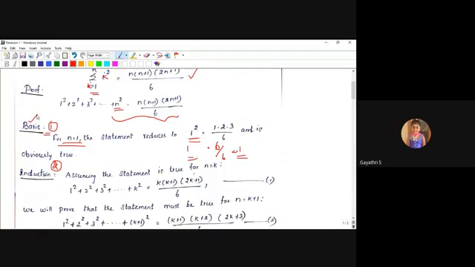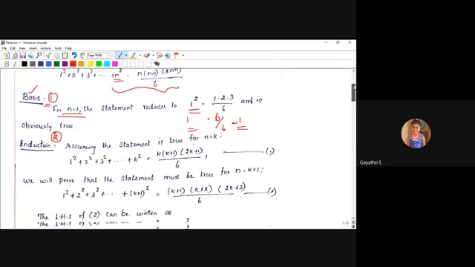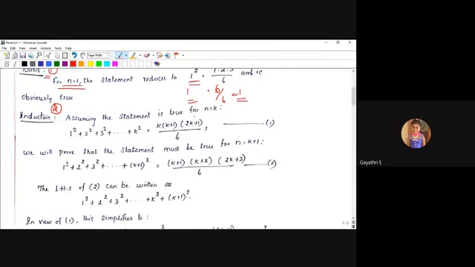In the induction step, we will prove that it is also applicable for the remaining cases. I will take 1 square plus 2 square plus 3 square up to k square, taking n equal to k. Applying k in the place of n, it equals k(k+1)(2k+1)/6.